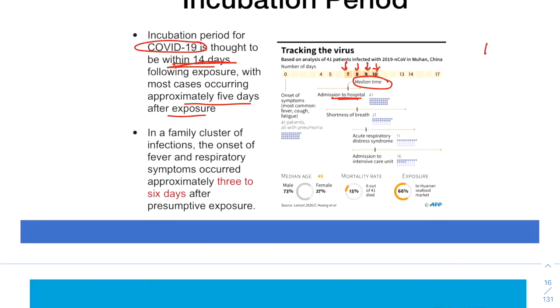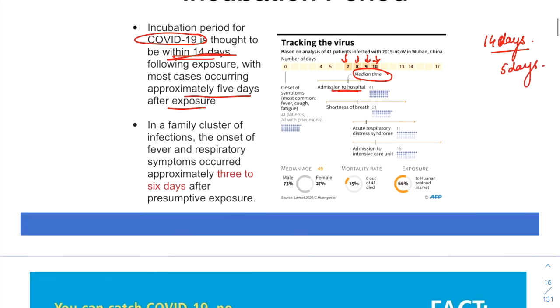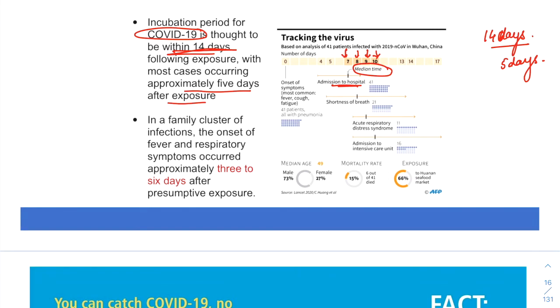So the incubation period of COVID-19 is 14 days, and people usually develop the infection in around a 5 day period. Okay, and the median time at which patients usually require admission to hospital is around the seventh day.